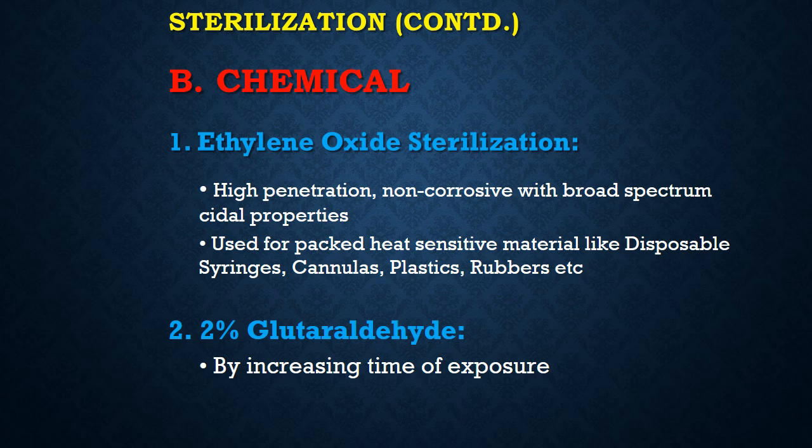The second type of sterilization is chemical sterilization, and commonly used chemical sterilization is ethylene oxide sterilization. Ethylene oxide is a gas which can penetrate through paper and plastic, and it is non-corrosive with broad spectrum bactericidal, virucidal, fungicidal properties. So, a lot of times you will see dental instruments packed in envelopes with plastic on one side and paper on the other side.